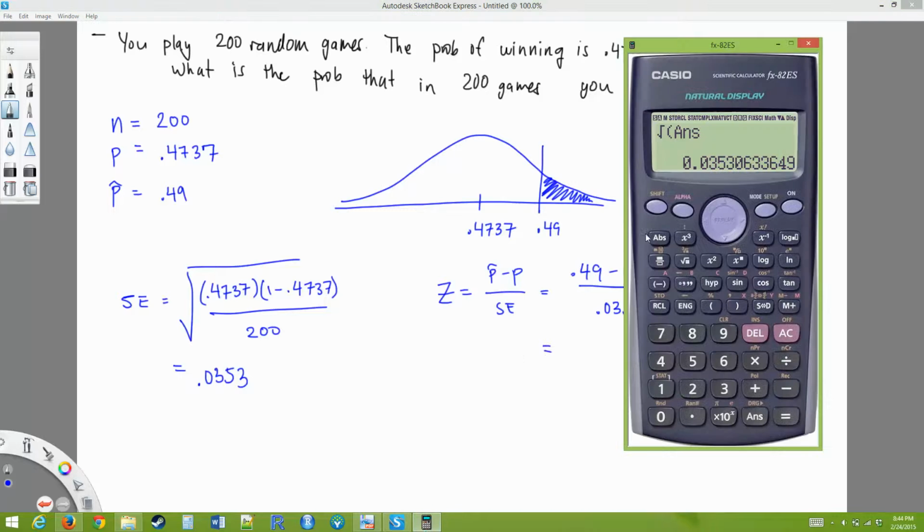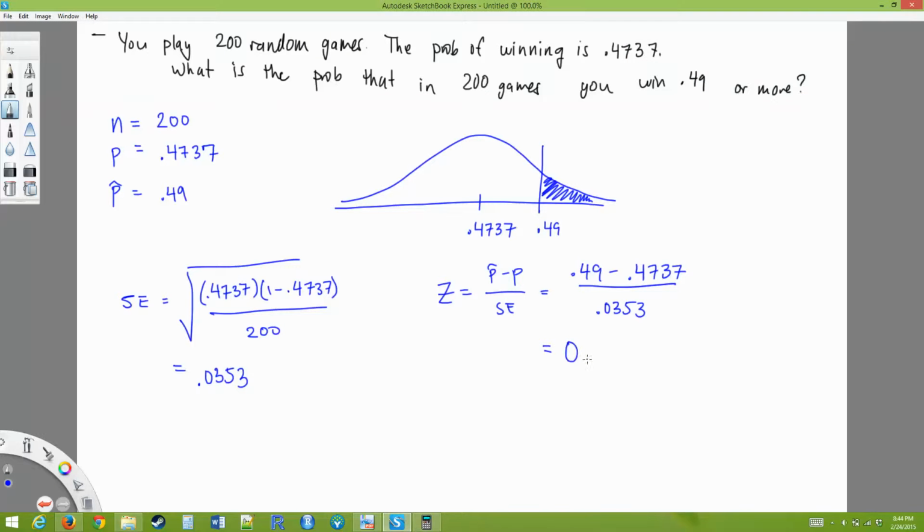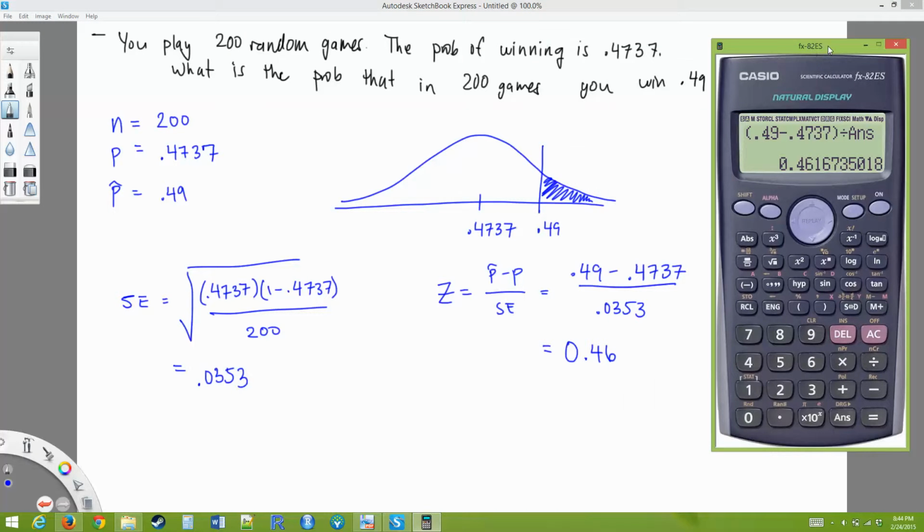And so my z-score, 0.49 minus 0.4737 divided by 0.037. I get 0.46, a z-score of 0.46. Are you guys with me so far? Okay, what's the next step I do?